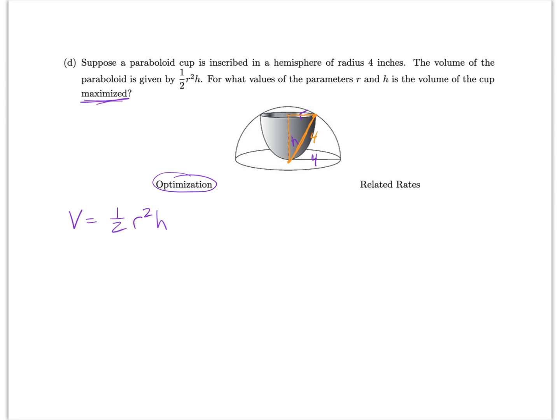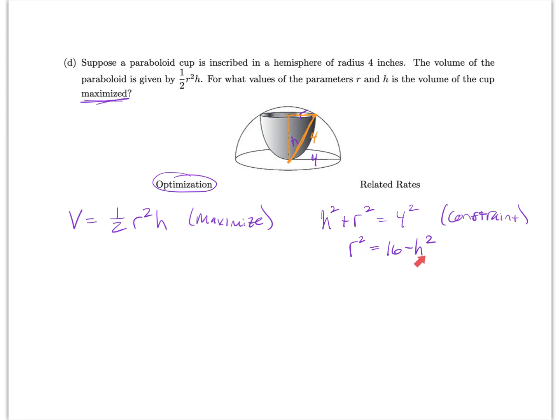That's my constraint. So this is my maximize equation. And then my constraint equation is h squared plus r squared equals 4 squared. You use the constraint to eliminate a variable in your equation to maximize. So I'm going to solve for r squared, which is 16 minus h squared.